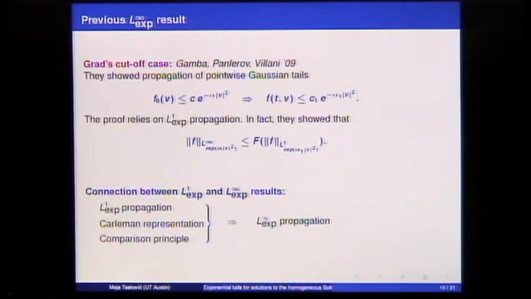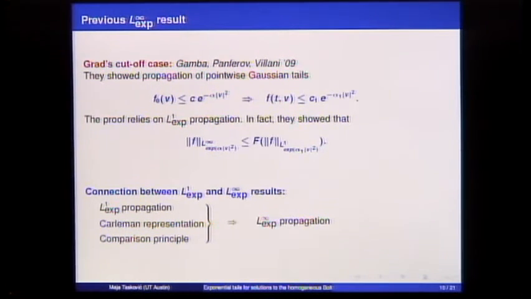The strategy of that result was essentially the following. You first get the L1 exponential propagation, use the Carleman representation because you're working with strong forms, and then they show the comparison principle for the Boltzmann equation for the first time. And with these three, you get the L infinity propagation.